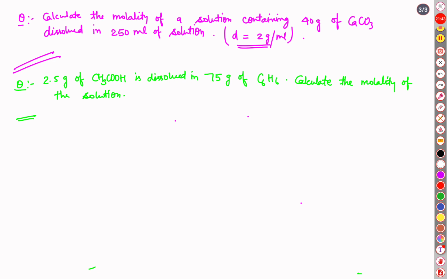Okay, let us see. Firstly, we have to find the molar mass. Why we will find the molar mass? Because for knowing the mole, we have to know the molar mass also.